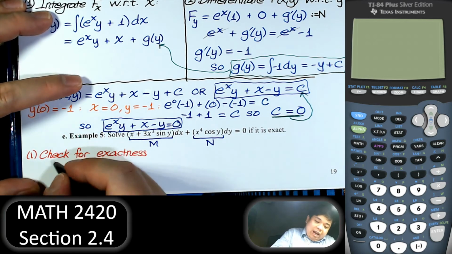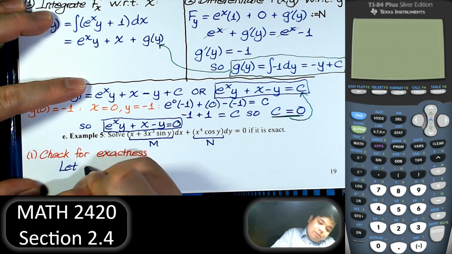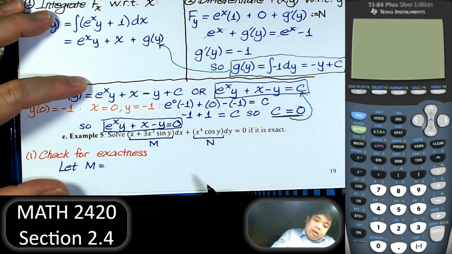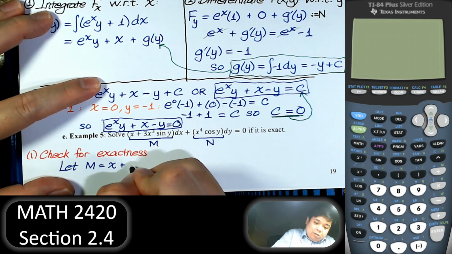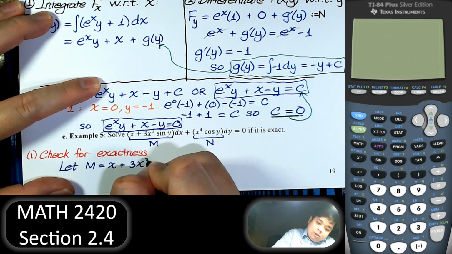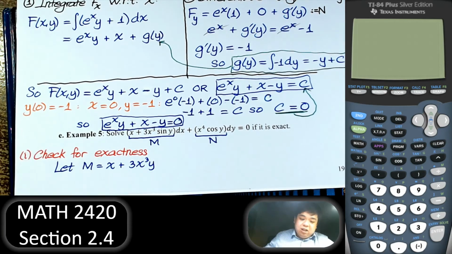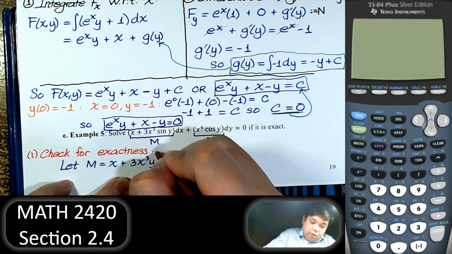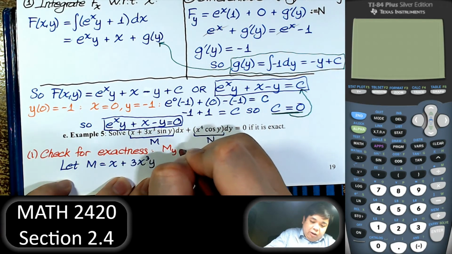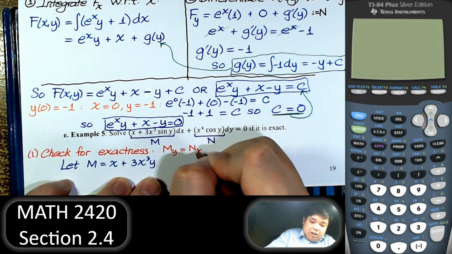We let m equal to x plus 3x cubed y, and for exactness we check for M_y and N_x.